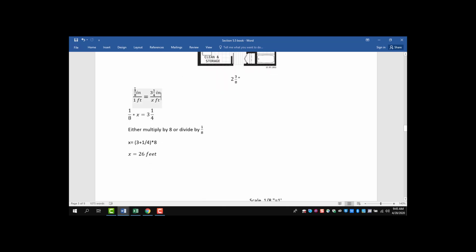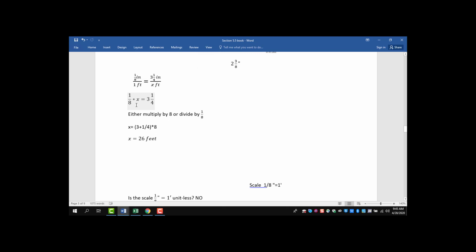Cross multiply, I get 1/8 of an inch times x equals 3 1/4. Now, to solve this, you can either multiply by 8 or divide by 1/8. Remember, that's the same thing. So let's say I multiplied by 8. Multiplying this side by 8, I get x. Multiplying this side by 8. This is how I would put it in my calculator.